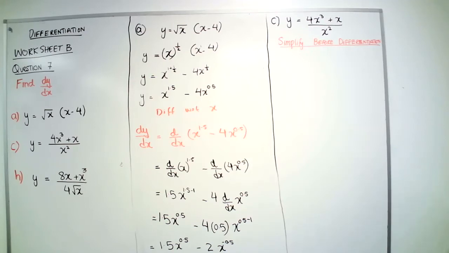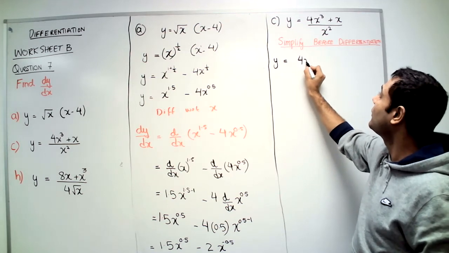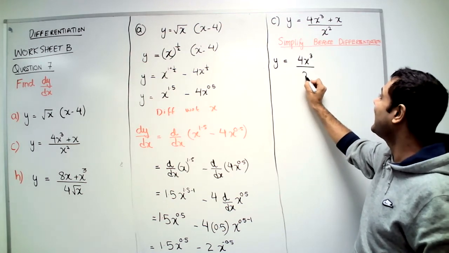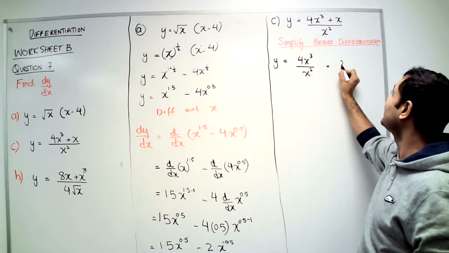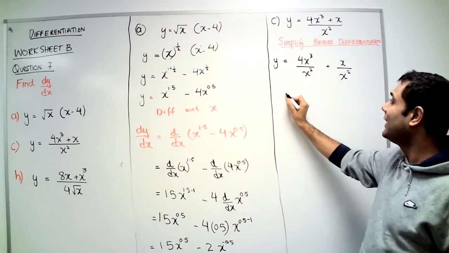When you got this question, the first thing you need to do is simplify before you actually start to differentiate. At the bottom, there is an x squared. You need to divide everything by x squared. So that will become y equals 4x cubed over x squared plus x over x squared.